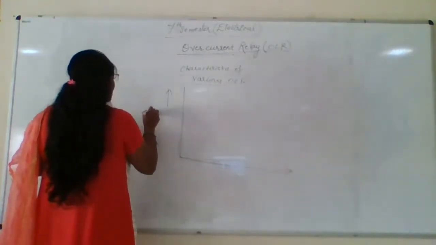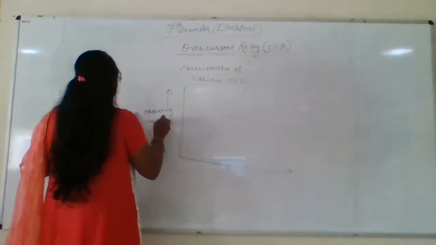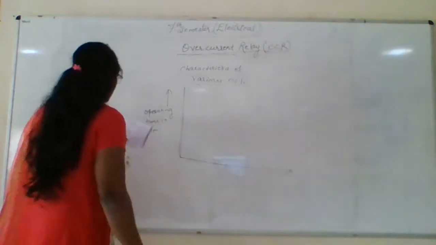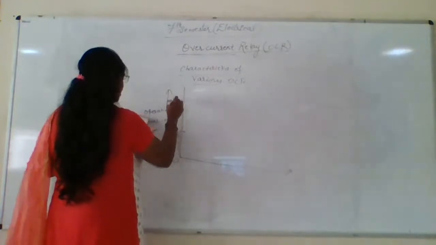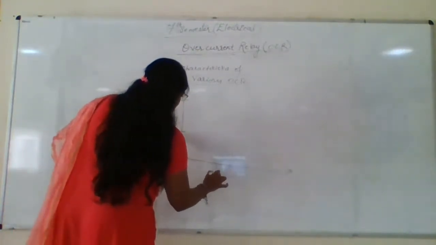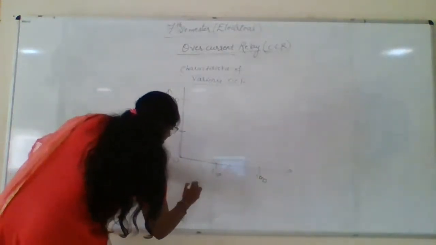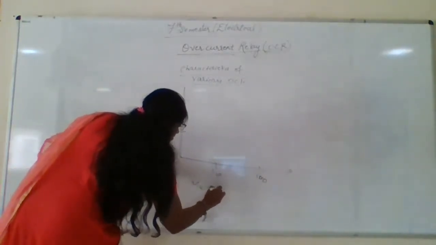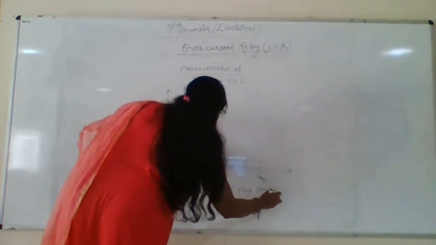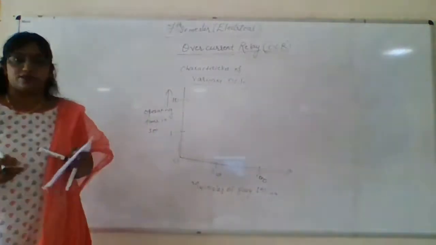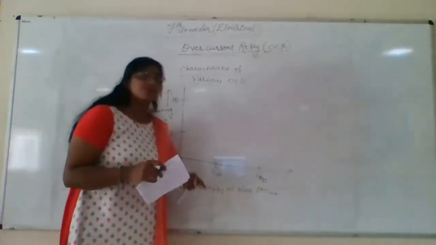Here we are having operating time in seconds, and 0, 1, 10, 100. What is this? This is the multiples of plug setting, about which I had given you notes on the plug setting multiplier. I will continue in the next class about this multiples of plug setting.